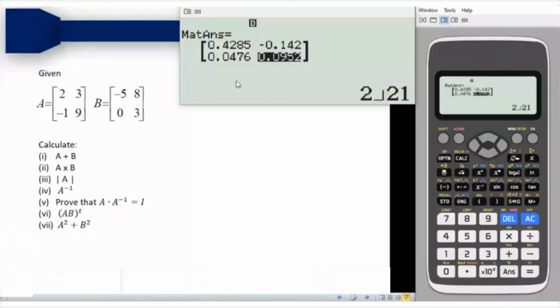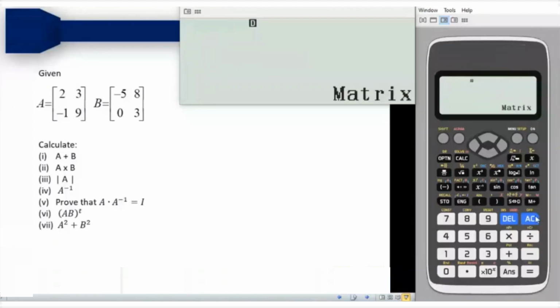The next, all right, for more clarification, what I'll do is I'll also find B inverse. Although B inverse is not the requirement of this particular question, but I will do B inverse so that you can better understand this feature. So what I'll do is I will clear my screen and I will press option.